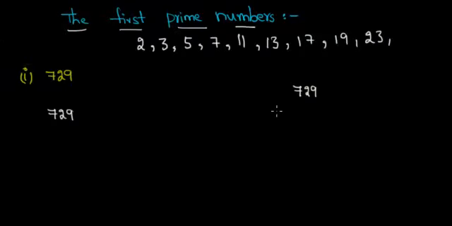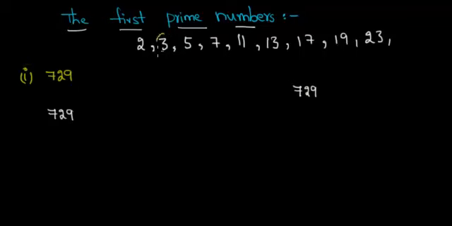And on the right side, we carry out continued division, that is prime factorization, and express the number as a product of prime numbers on the left side. First of all, we ask ourselves, does 2 go in 729? No, 2 does not go in 729.